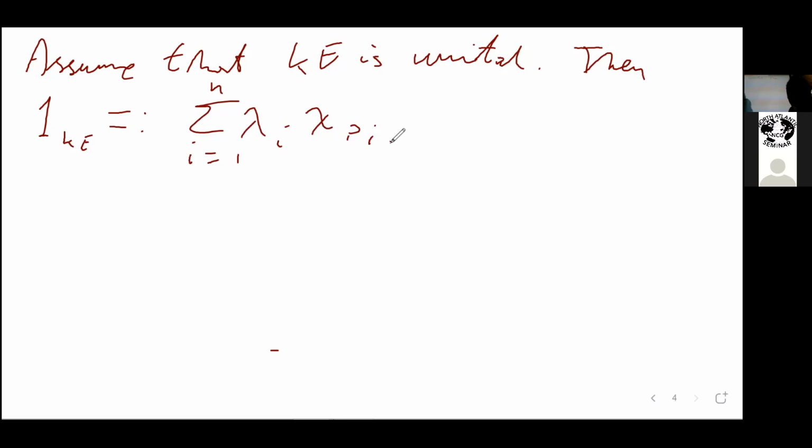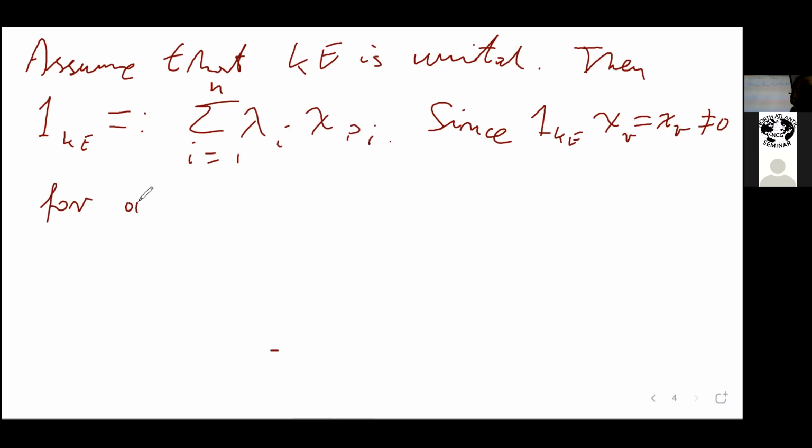But now, since 1 KE times chi v is equal to chi v, which is not 0, and this is true for all vertices, that 1 times chi v is equal to chi v, and chi v is different from 0, this is true for absolutely all vertices.